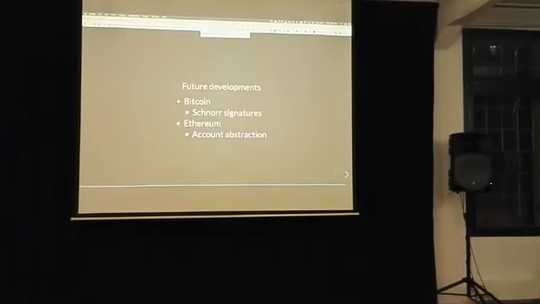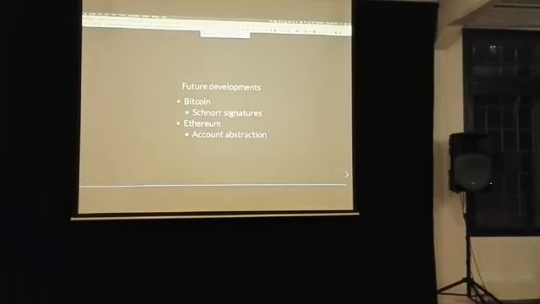And some future developments. I think Bitcoin is fiddling with this thing called Schnorr signatures, which still uses the same curve, just a different algorithm than ECDSA, one called Schnorr, and that would allow Bitcoin users to sign multiple transactions with one signature.